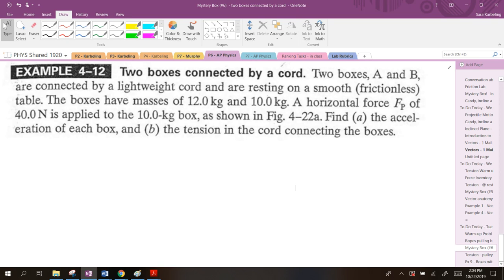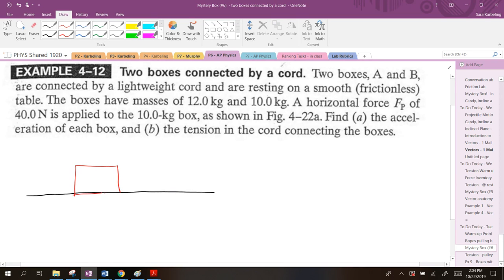Think we can do it? Yeah! The enthusiasm was a little lacking, but I'll trust you. All right, let's go ahead and draw our 2 boxes. I'm going to do a 12-kilogram box, and we'll do a 10-kilogram box.